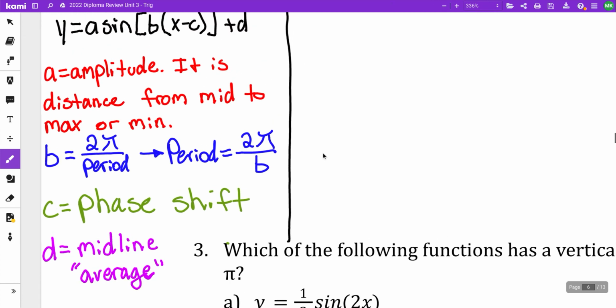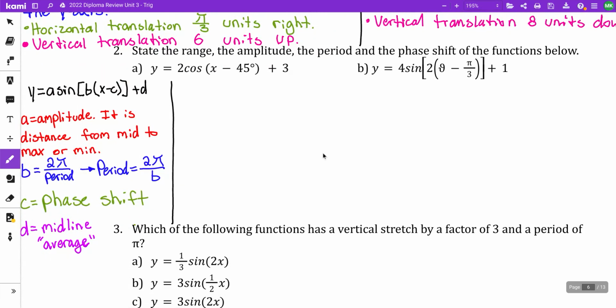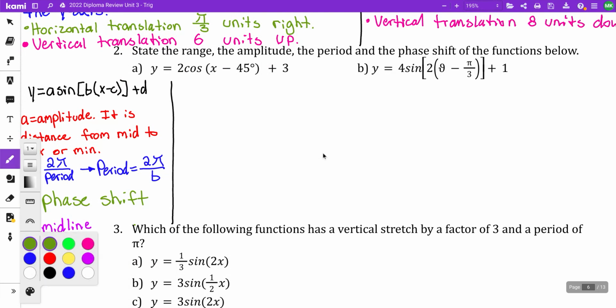Perfect. Let's answer these questions. It says state the range, the amplitude, the period, the phase shift of the functions below. I'm going to do range last, so let's start with amplitude. The amplitude for that first equation is 2. It's the A value.